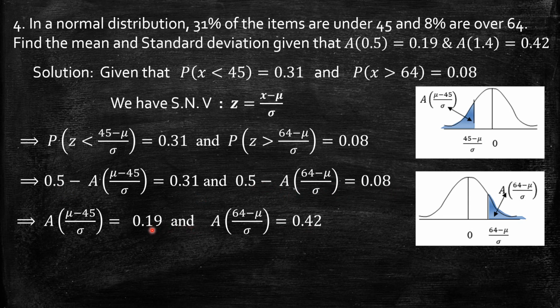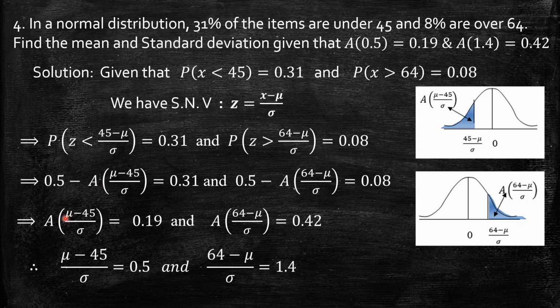Now this 0.19, I can get it from the standard normal table. It is the area under the curve from 0 to 0.5, meaning A of 0.5. So I can substitute this as A of 0.5. Similarly 0.42 is nothing but A of 1.4.